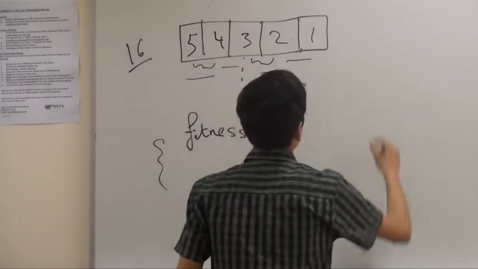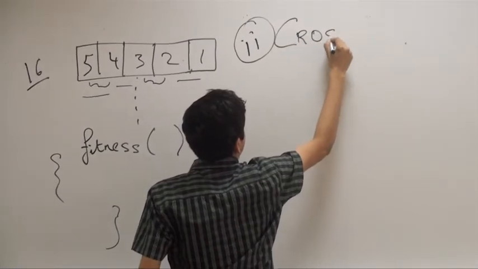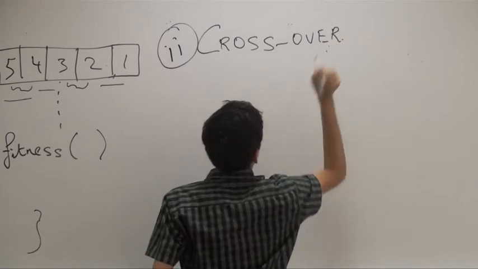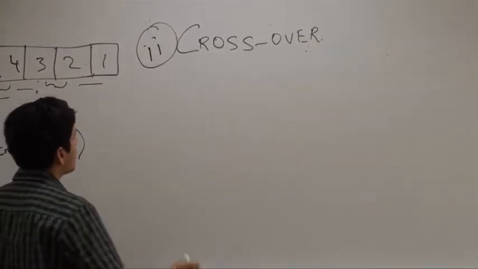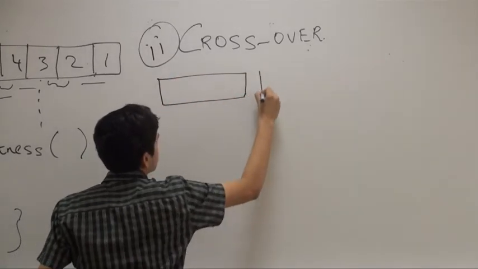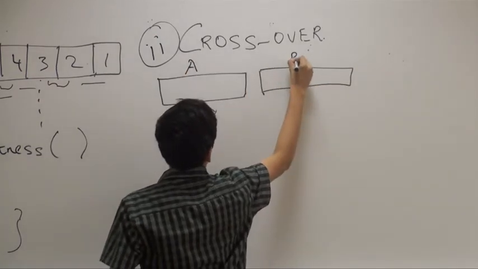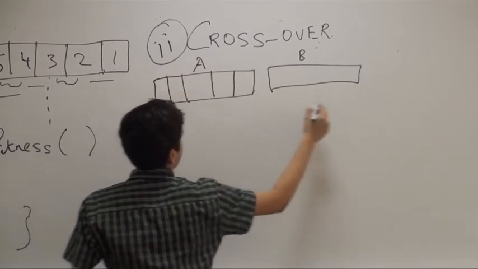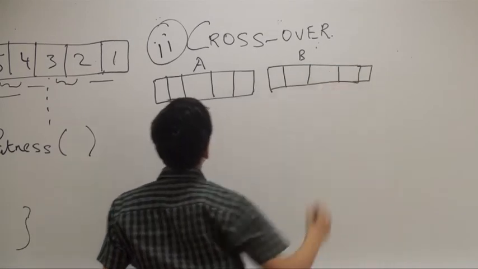Okay, now let's go on to crossover. This again follows from biology, where Mendelian crosses take place. So we have two arrays which represent our two different solutions. Let's call them, say, A and B. What we basically do is define a point of crossover, which again we can do randomly, or we can just define it.